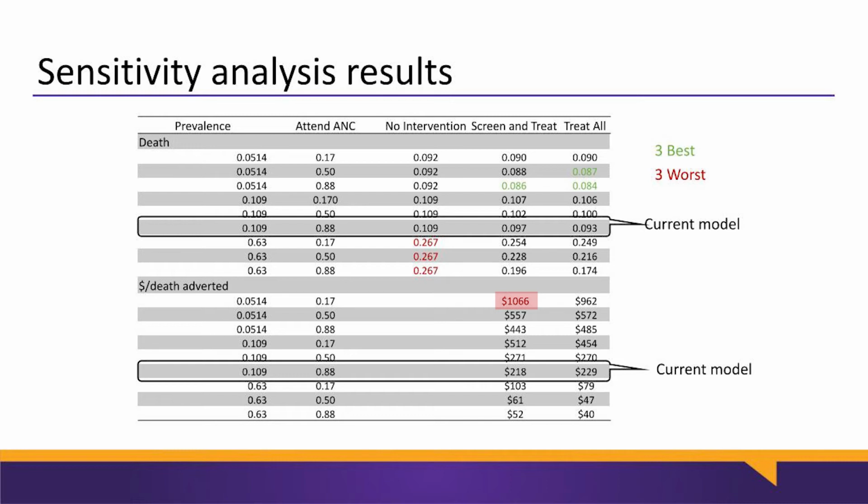So it's very expensive. Again, this is what you expect, but now you actually have numbers to help you make a decision about this. And when you have a very high prevalence and a very high number of people coming to the ANC clinic, it's very cheap. So you get a wide range of outcomes based upon how you do your sensitivity analyses.